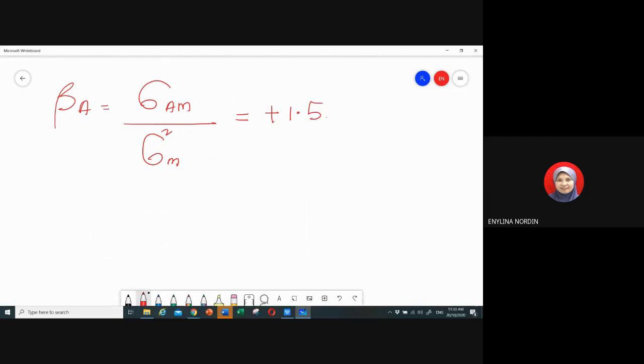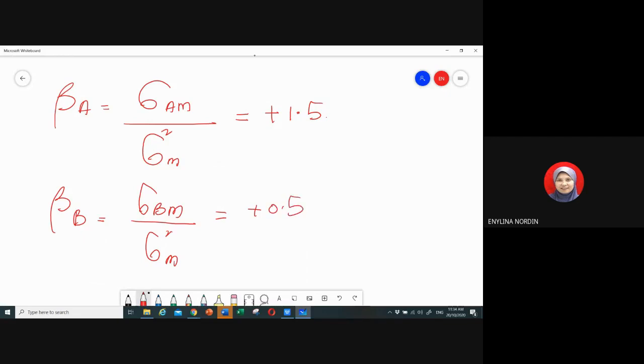Okay, right. And then what else? Kalau kita kira beta untuk stock B pula. Beta untuk stock B, again same formula, covariance between stock B and the market divide by variance of the market. Let's say you dapat positive 0.5.